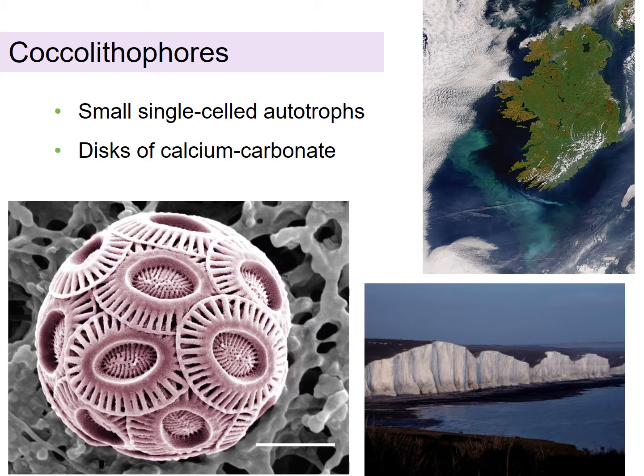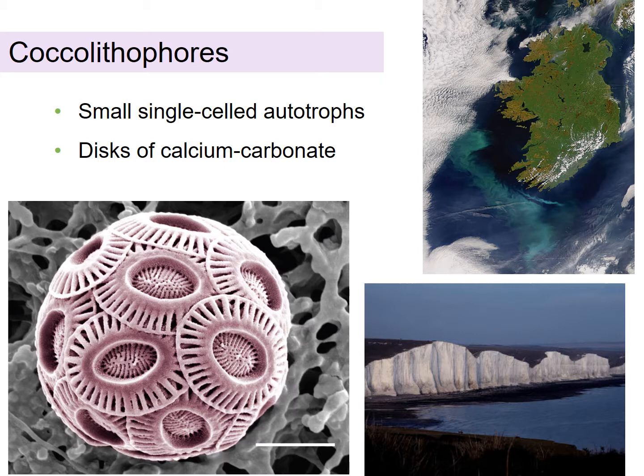When these coccolithophores die and the organic matter decays, the discs that you can see on the left side fall to the ocean floor. Over millions of years, they pile up and can get lithified, turning into rock.